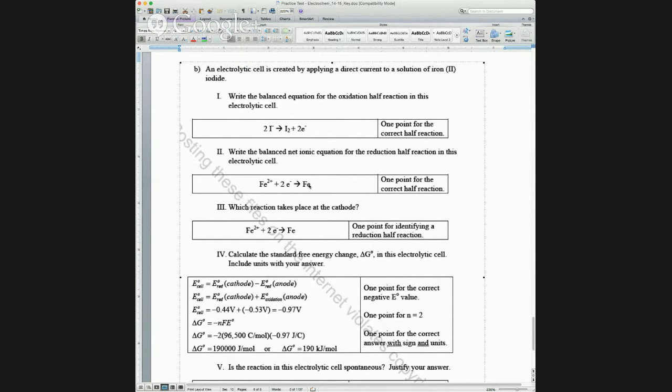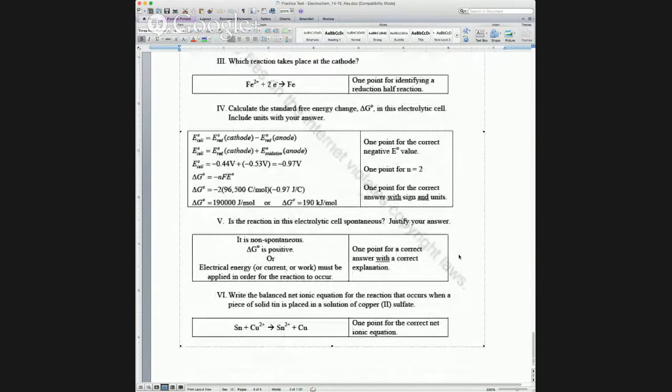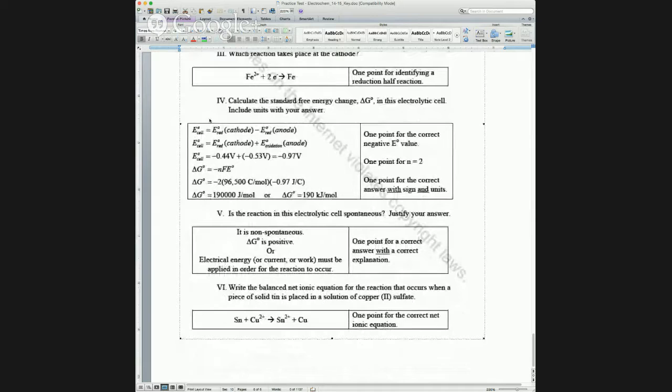If this is the reduction, then that's the one that happens at the cathode. Once you have those, you can get those numbers from that table. All right, so let's take a look for a second.